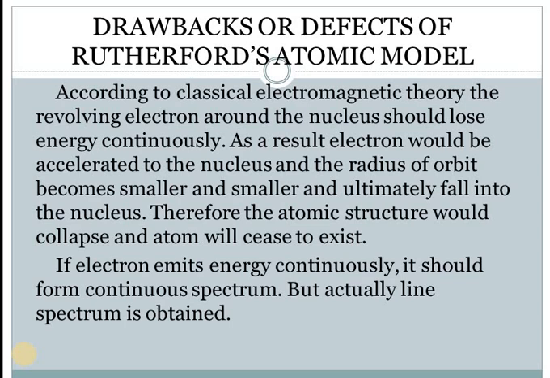As a result, the electron would be accelerated to the nucleus, or you can say that it will move towards the nucleus, and the radius of the orbit becomes smaller and smaller and ultimately it falls into the nucleus. That is, electrons are revolving around the nucleus and continuously giving out energy.